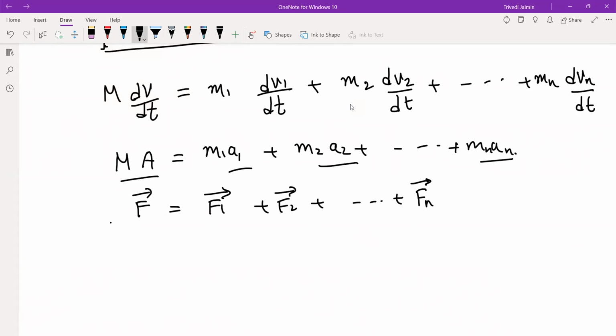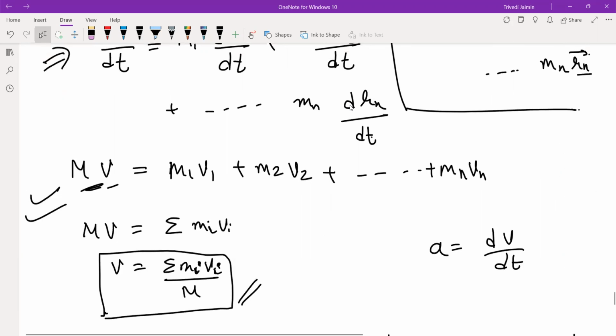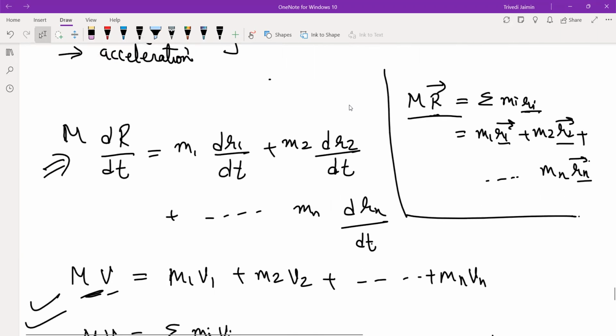But now this force is external force. Now each term, let's take one term, F1. What is F1? M1 a1. Now what was a1? It is dv1 by dt. What was v1? dr1 by dt.